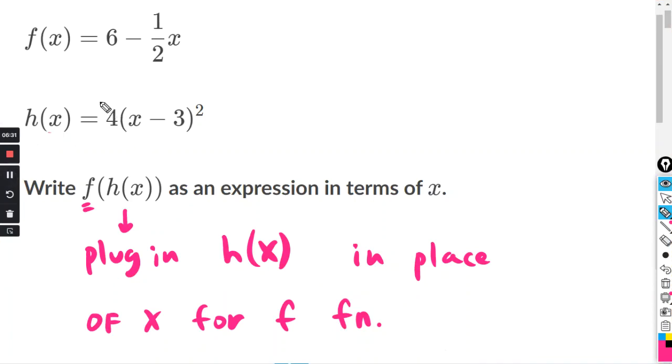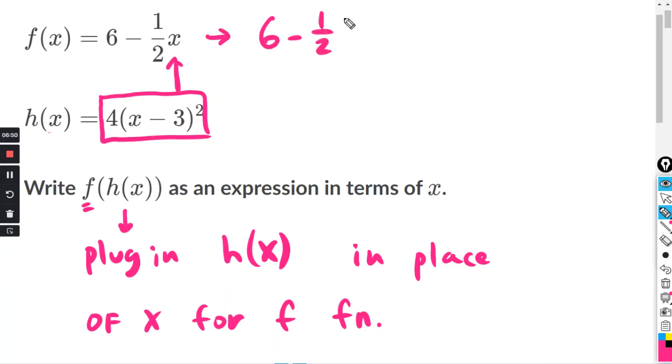Okay, so you want to take h of x, and that goes right in there in place of x for the f function. Okay, so we have 6 minus 1/2 times x. But in this case, x is 4 times x minus 3 squared.